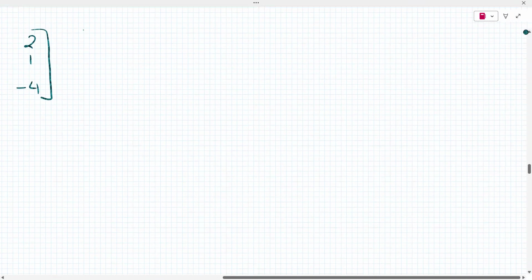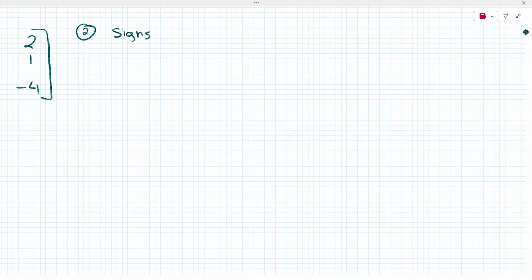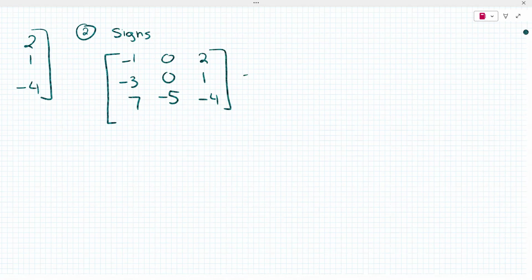Okay, so step 2 will be the signs. So we have the cofactors -1, -3, 7, 0, 0, -5, 2, 1, -4. And then remember the sign pattern: plus, minus, plus, minus, plus, minus, plus.